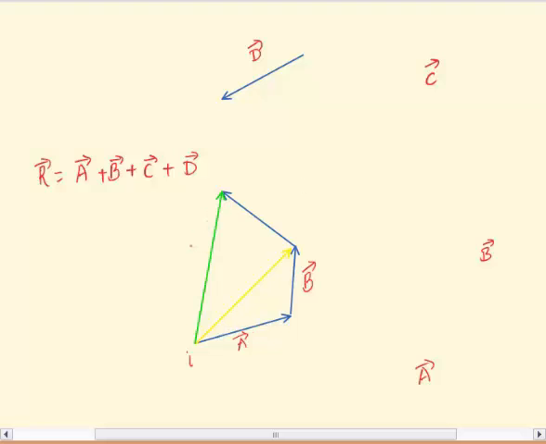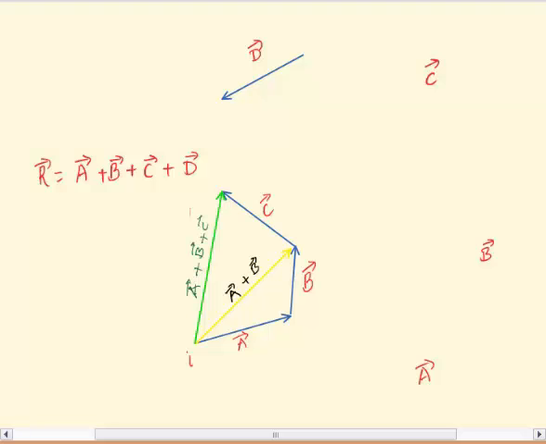So this yellow line, you can see, represents A plus B. And this vector is C vector. So added to A plus B, the C vector, and the resultant is this green line. So this green line basically represents A plus B plus C.